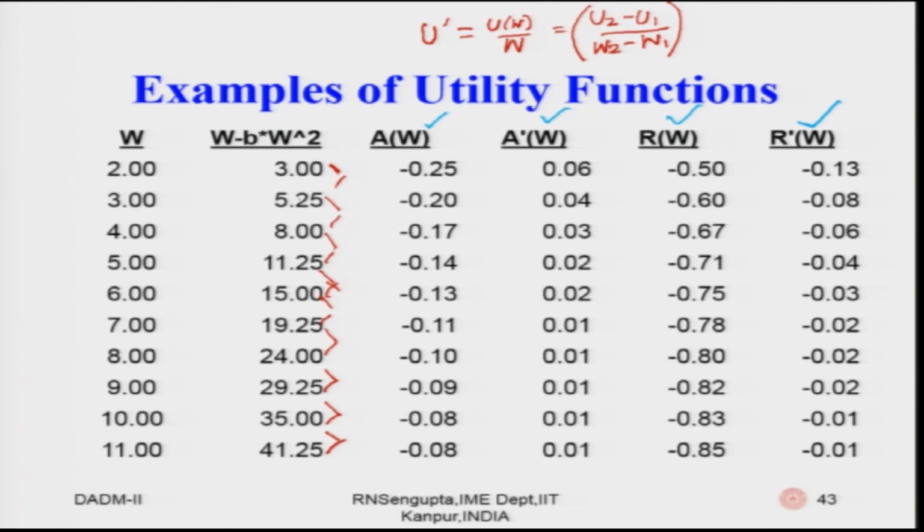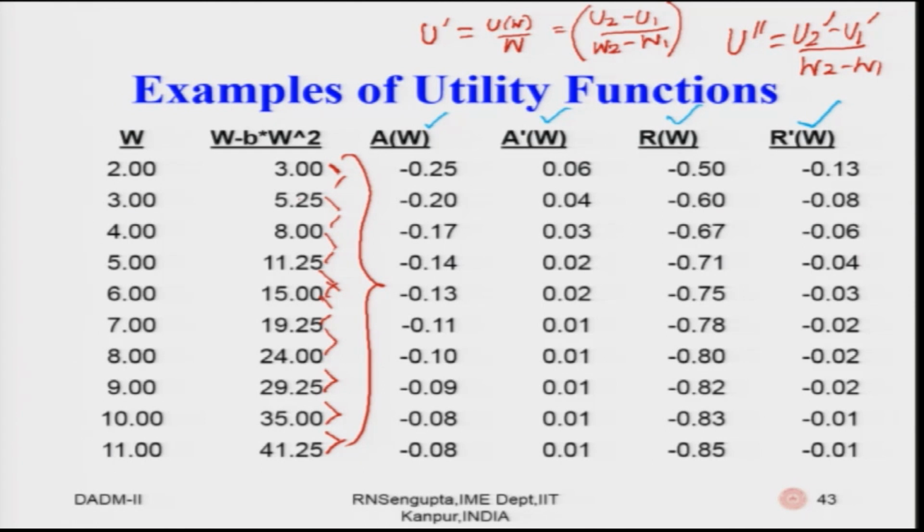Next, you need to find U double prime. So, U double prime would be U 2 prime minus U 1 prime over W 2 minus W 1. For the values you have calculated, again find the first difference and divide by the first difference of W's, which you have already got.